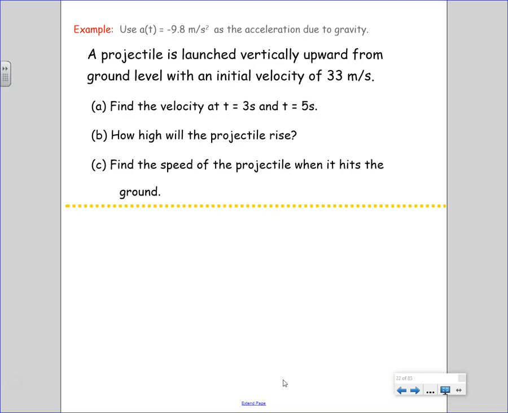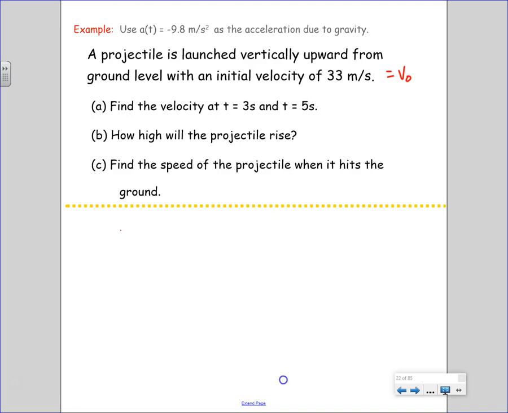You guys see that now we're dealing with meters? Initial velocity. Find the velocity. So how do we do that? They'll give us a velocity function.